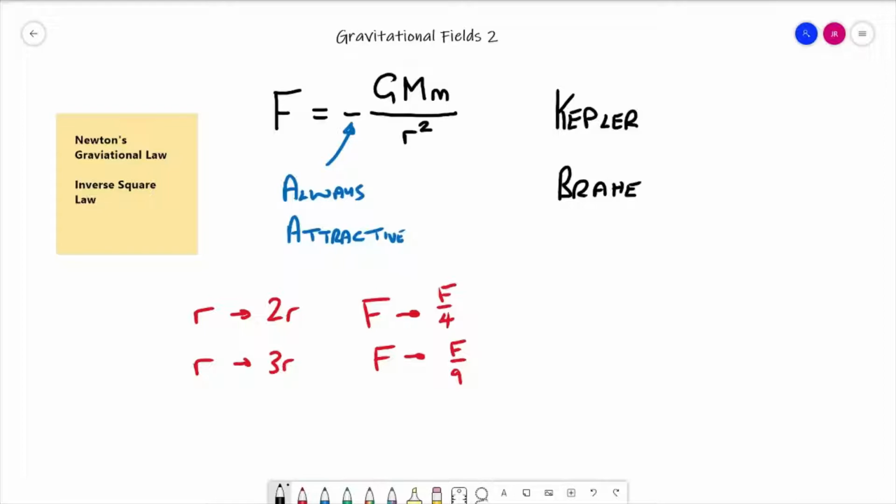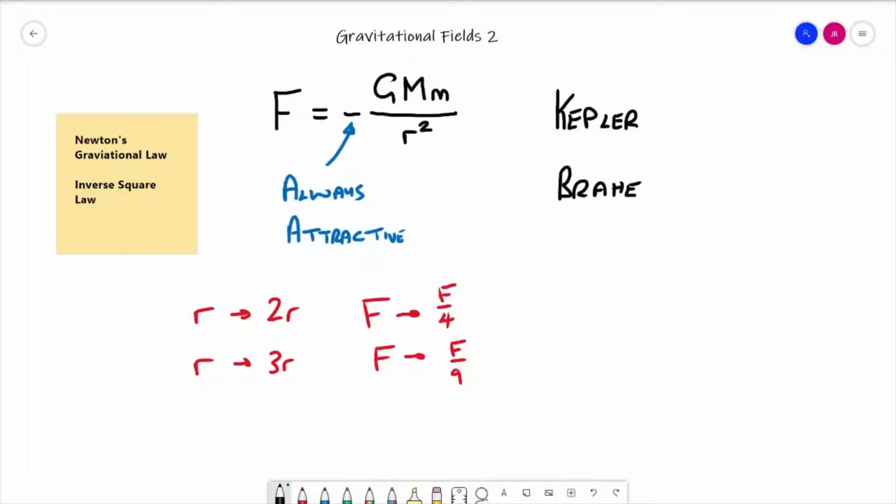What Kepler then did is he took the data that Brahe took, and he then formed 3 laws of planetary motion, which later on would prove to be absolutely correct.